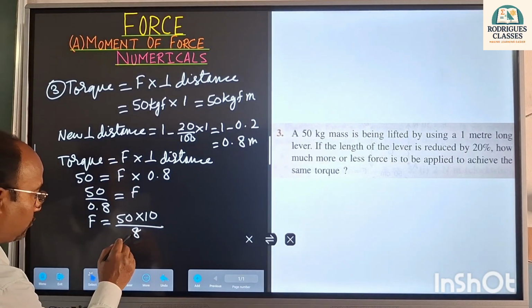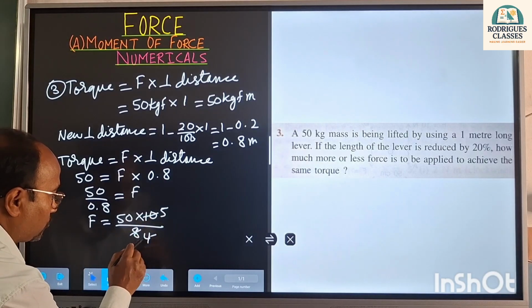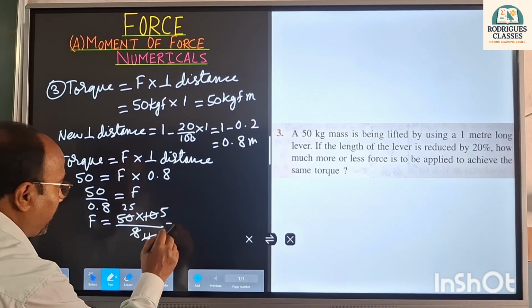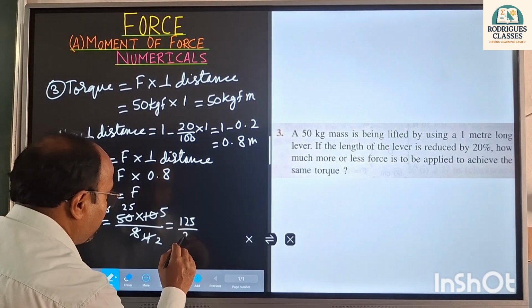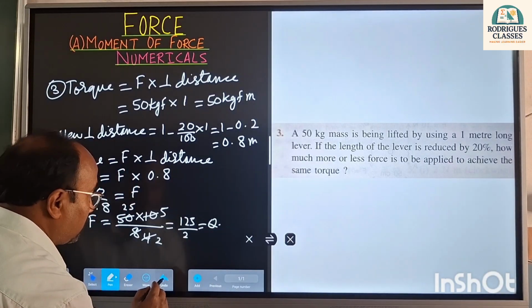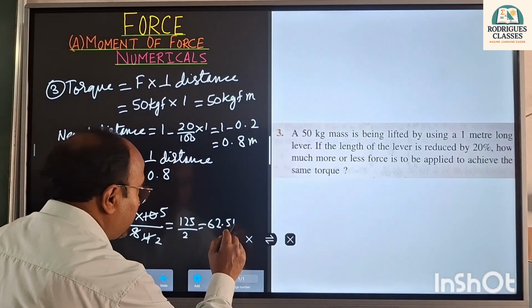So the 2 5s and 2 2s cancel, and I get 25 into 5, which is 125, by 2, which will give me 62.5.